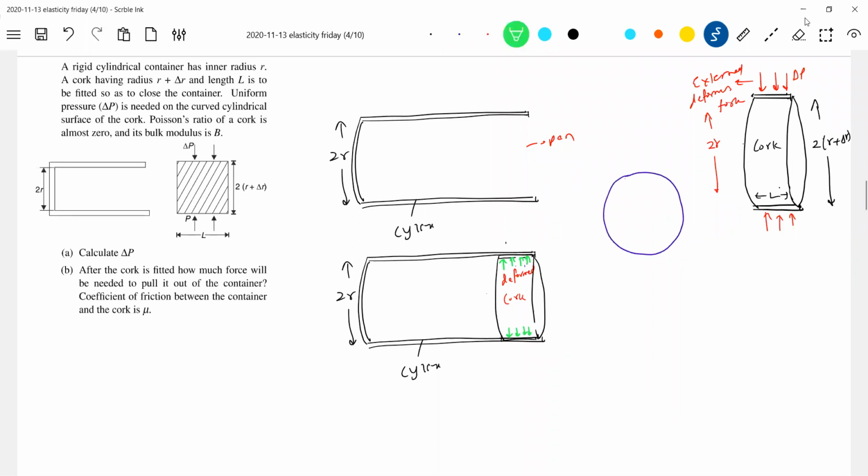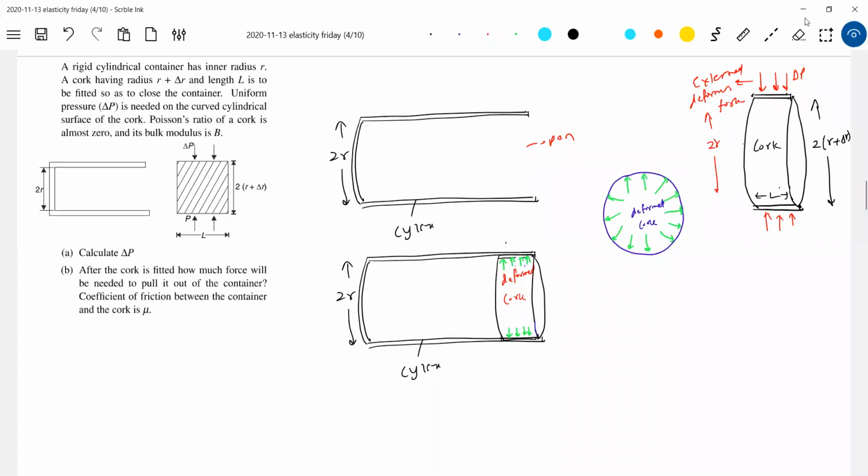What are these arrows? Elastic forces set up inside the cork, the deformed cork. What the cork wants to expand, the cylinder will not permit.